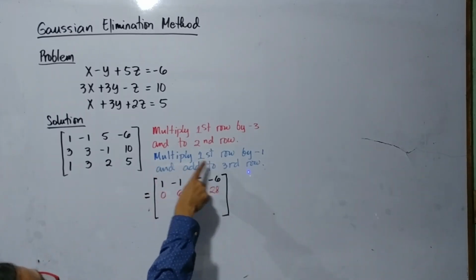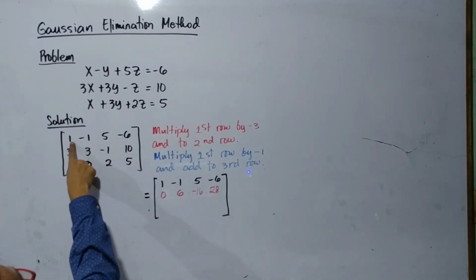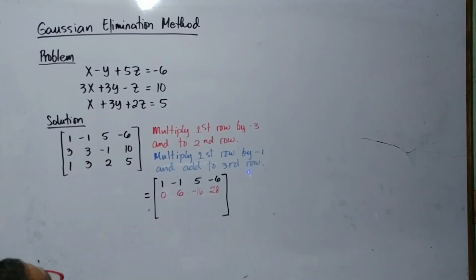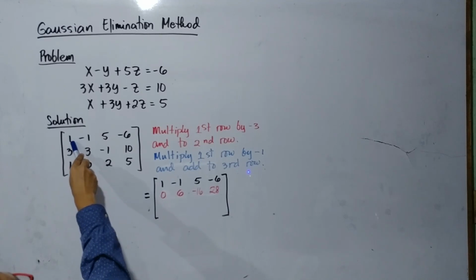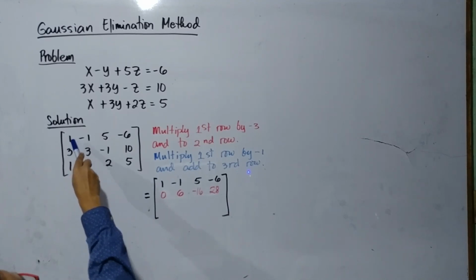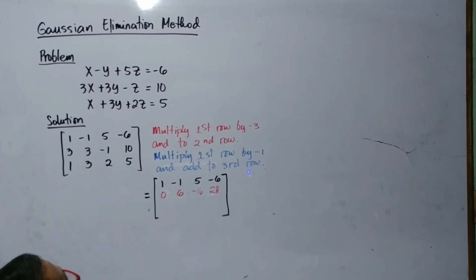Next, multiply first row by negative 1, then add the third row. So 1 times negative 1 is negative 1, plus 1 equals 0.